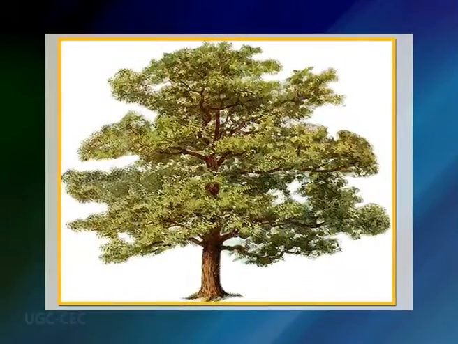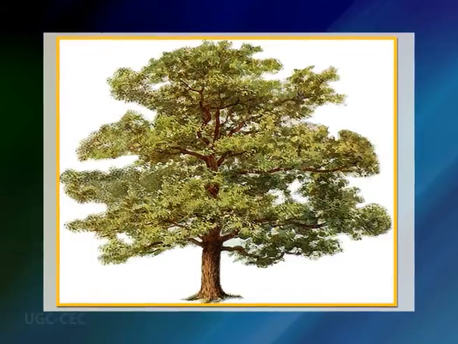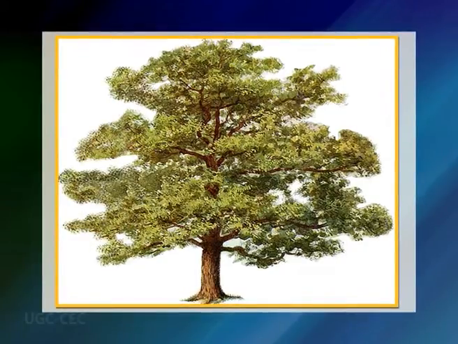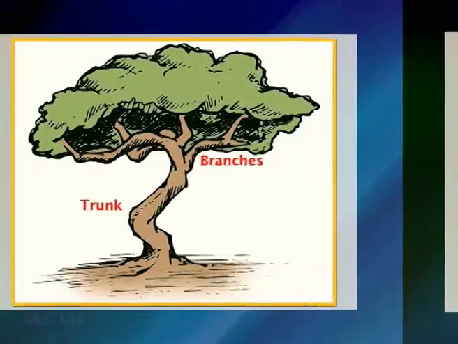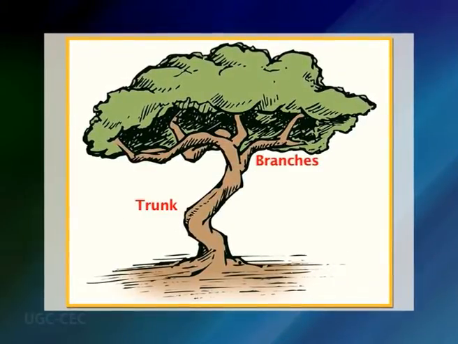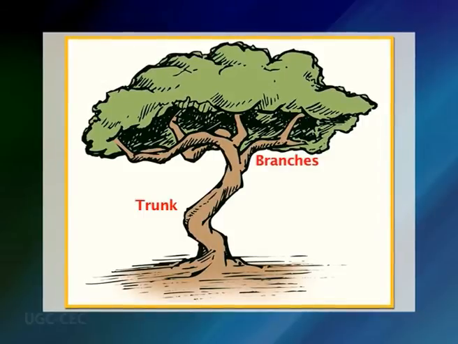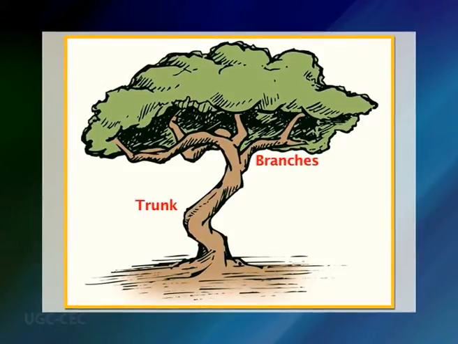Now, after having understood what we exactly mean by convergent evolution, we also need to know what exactly we mean by a tree. A tree refers to any perennial plant with a permanent, woody, self-supporting main or major trunk, ordinarily growing to a considerable height and usually developing branches at some distance above the ground.